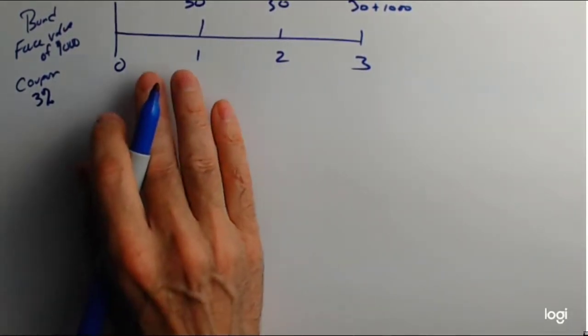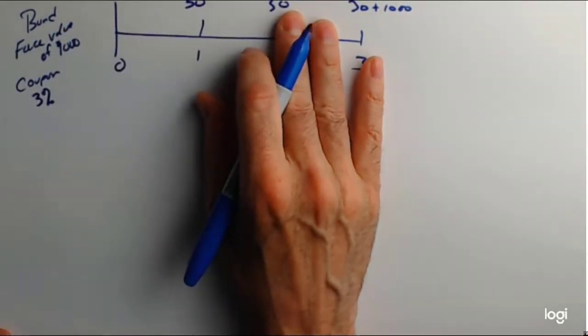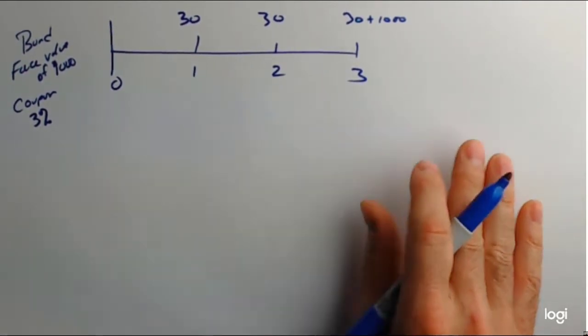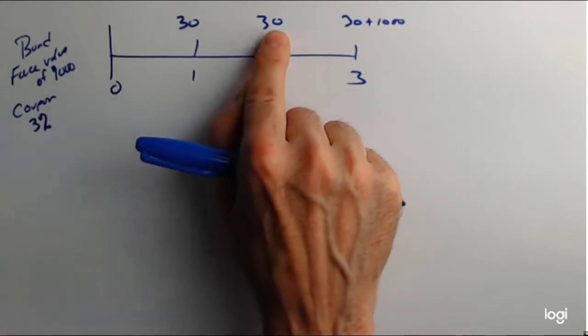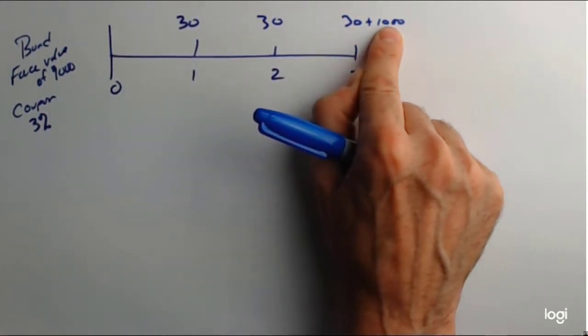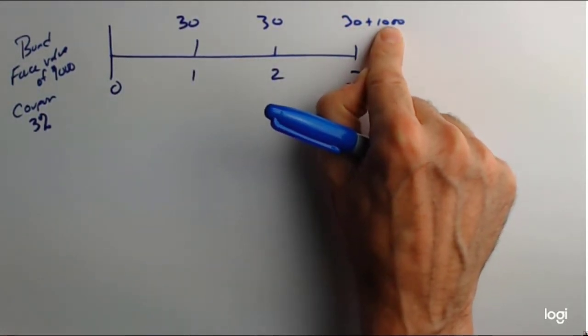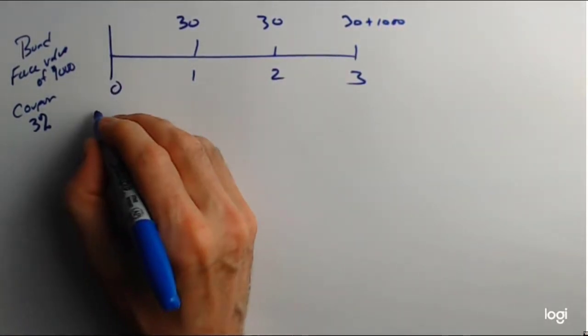Okay, so that's a bond. If a bank owned this bond, and banks often own bonds, they're a significant part of their portfolio, they're going to make 30, 30, 30, and get a return of the $1,000 principal that they lent out when they bought this bond.